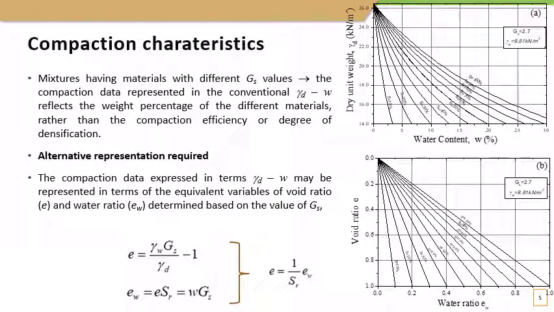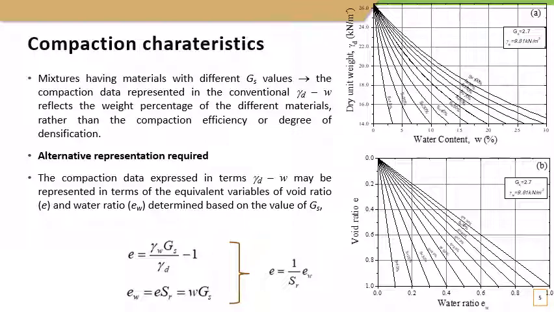One of the most common characteristics when it comes to compacted materials and fills is their compaction properties. Normally we represent compaction characteristics via a compaction curve, and we typically plot that in the dry unit weight or density versus water content space.